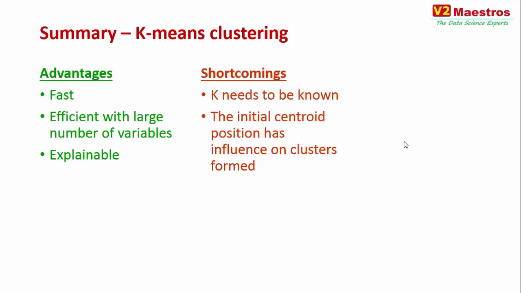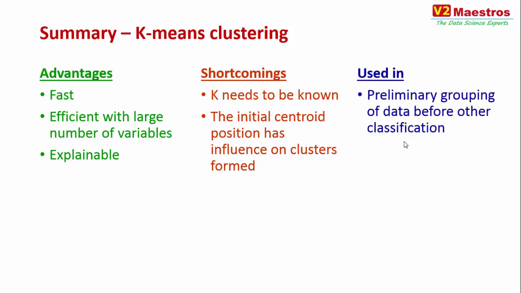So that is one shortcoming. There are other clustering variants which take care of this kind of shortcoming too, but k-means clustering by default relies a lot on this initial centroid. If the points are too close to each other, then the clusters formed are influenced by the initial centroid that is used.